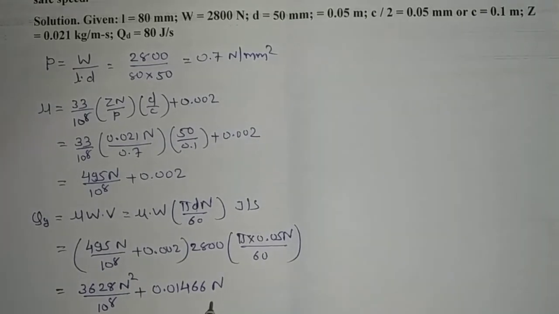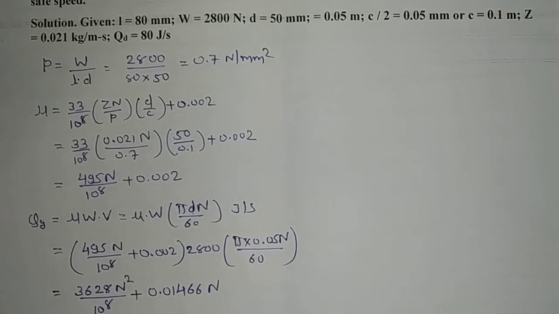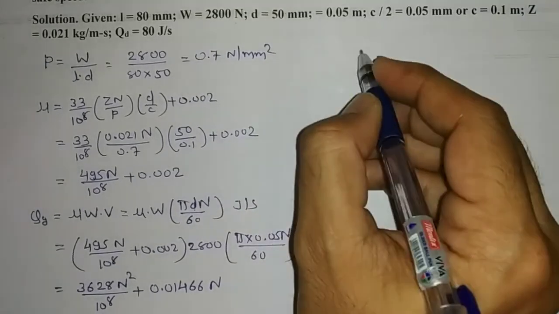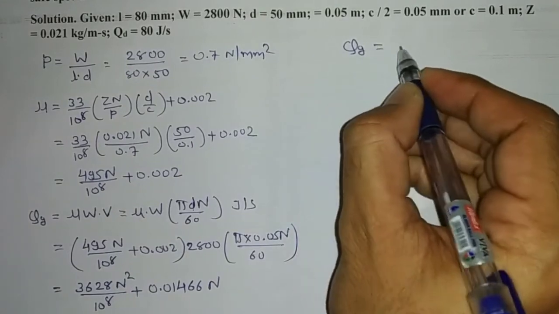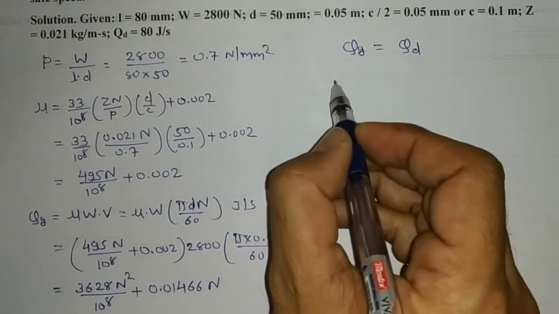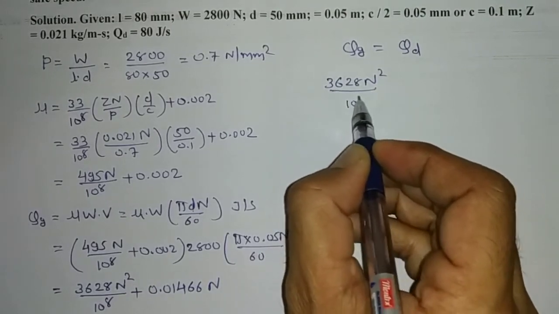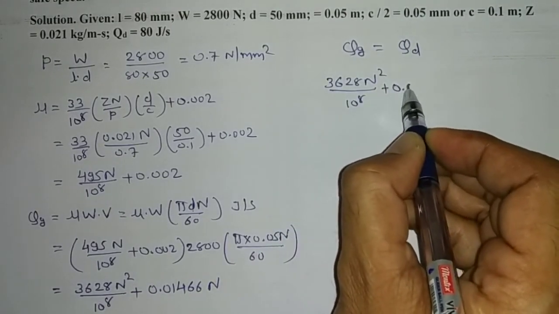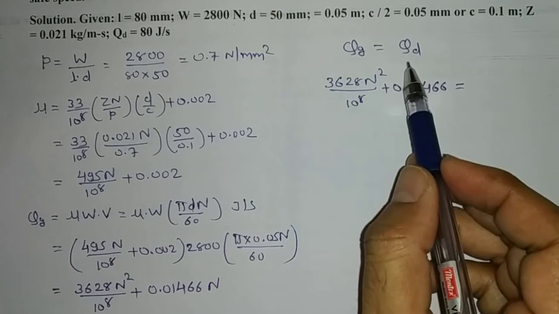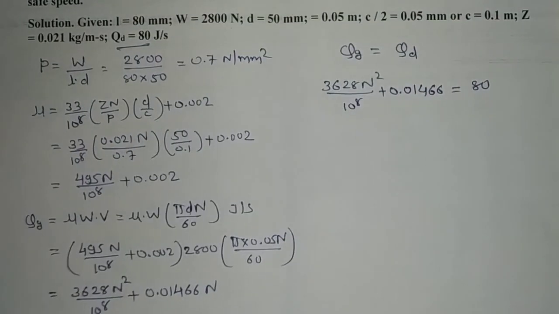Now equating the heat generated to the heat dissipated, we can say Qg is equal to Qd. So 3628 N square upon 10 raised to 8 plus 0.01466 N is equal to QD, and QD is equal to 80 joule per second.